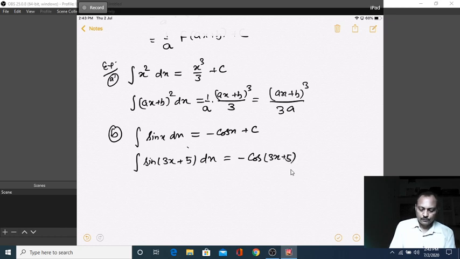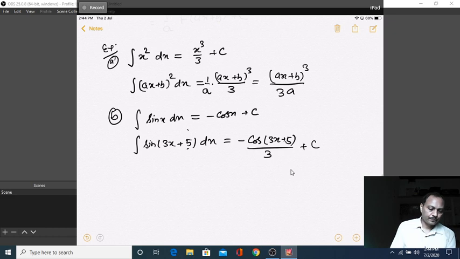But the coefficient of x is 3, so we have to write 3 in the denominator. This is the final answer. So always remember this thing, there is no effect of this constant term, but the coefficient of x, whatever is given, it will come in the denominator of that function in the integration.